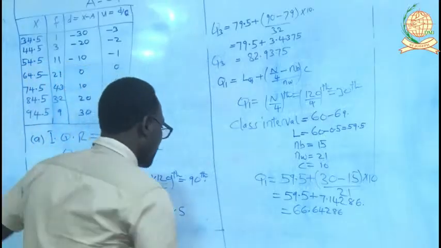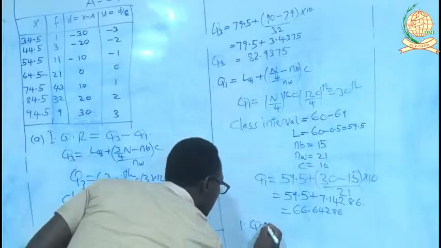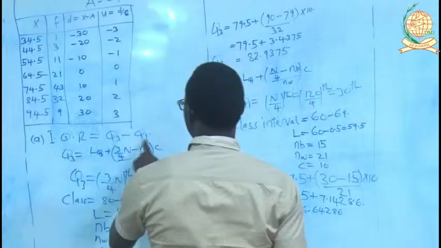Now the interquartile range. This one has the formula Q3 minus Q1.